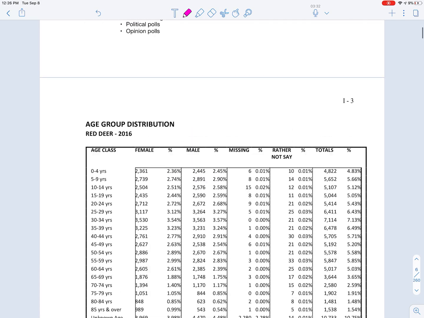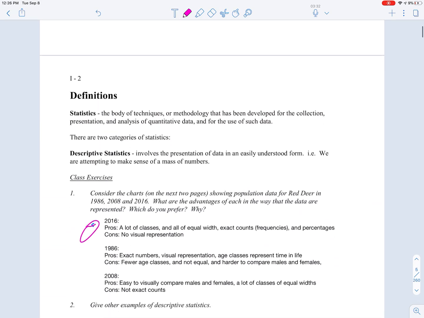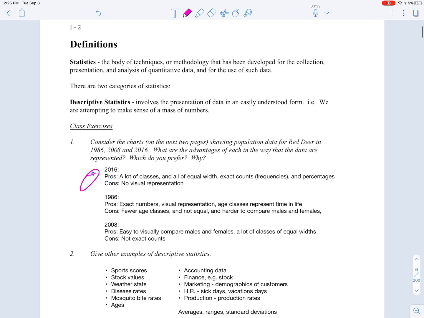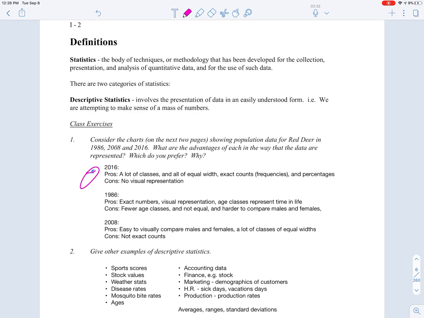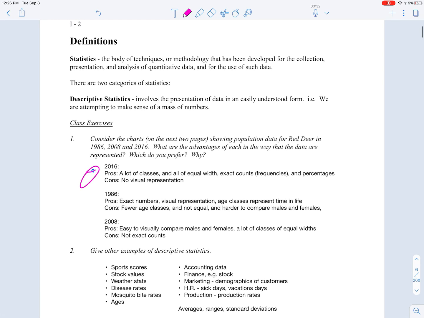Okay, I want to get back here to this question, and it says, give me some other examples of descriptive stats. And so you might want to pause this and give it some thought. But here's some that I came up with. Sports scores. So if you take a look at a newspaper, of course, the sports page is a big one there.